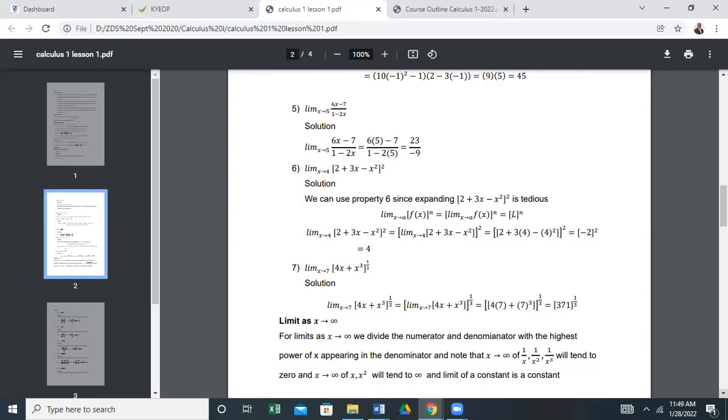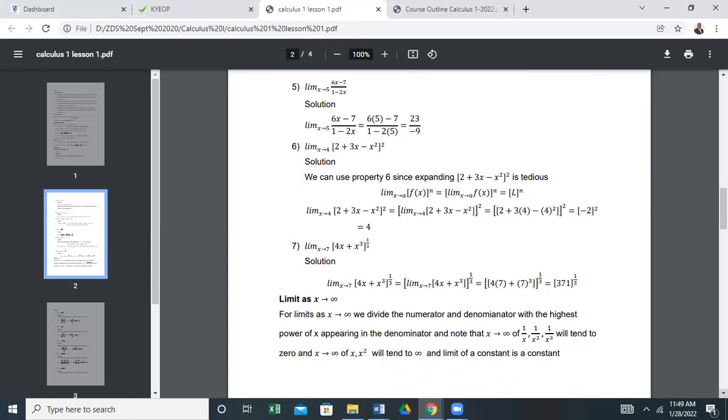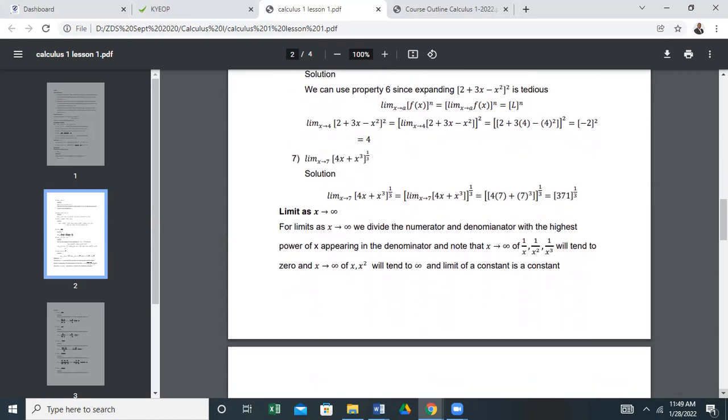Now, when we are tending to infinity, it means that our x is increasing to an indefinite form. So we cannot explain indefinitely where it will be headed. So for the limit of x tending to infinity, we divide the numerator and the denominator with the highest power of x, which appears in the denominator. And note that our x is tending to infinity.